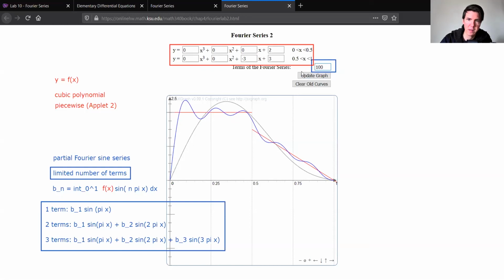If you go up to, let's say, 100, now all of a sudden, clear the old curves, it's actually looking pretty darn close. At the ends of each of these, you have more drastic amplitudes and wiggles, but it's really starting to line up quite a bit more, which is fascinating, at least to me. And you can take this, like I said, up to 250-ish terms. It says in the lab. So that's essentially what you're doing: exploring the behavior of the Fourier series as you add more terms and how it compares to your function in red.